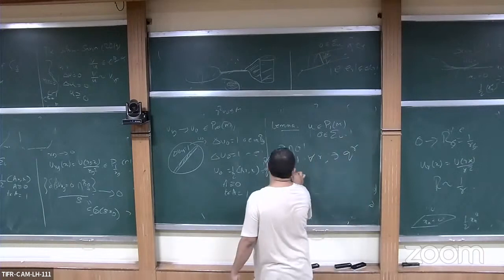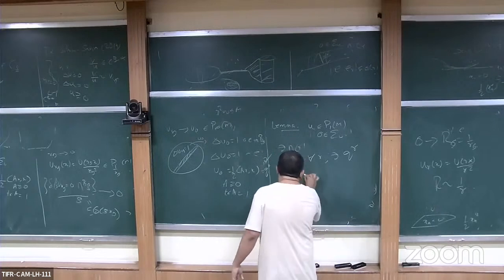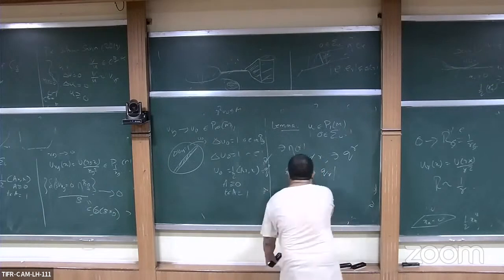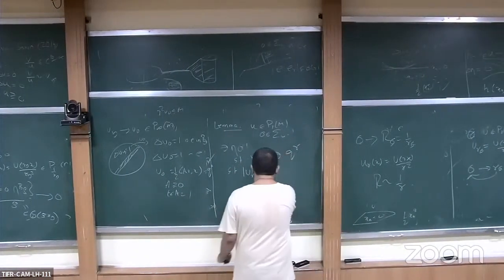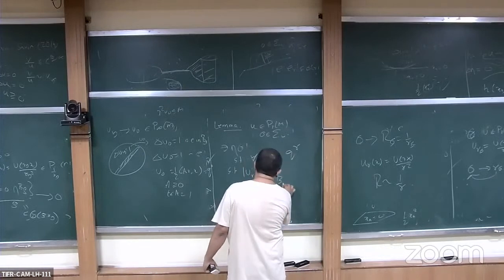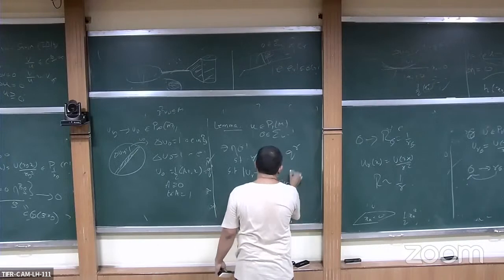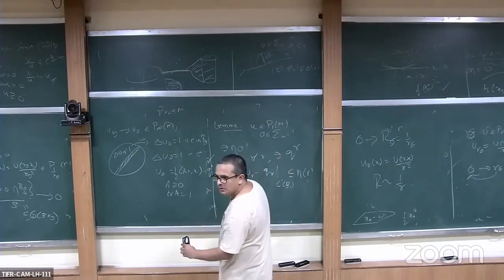Such that what you have is that u_r minus Q_r in B1 is less than or equal to eta r, when I scale back. So if I scale back to u, I get that.